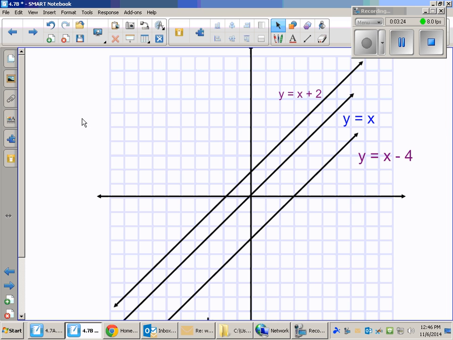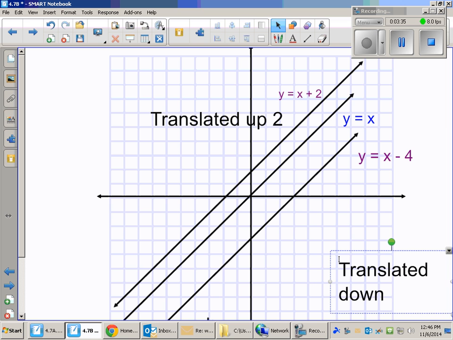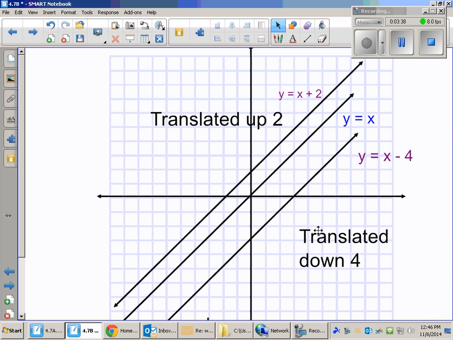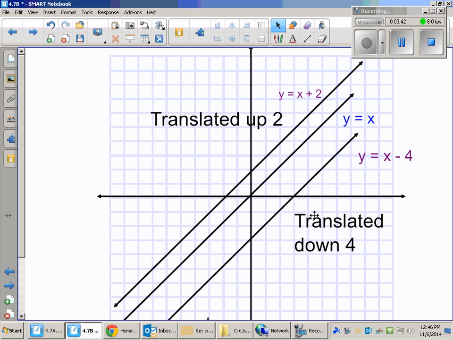We're going to use translate. So the top one would be translated up 2, and then this bottom one would be translated down 4. So those are the three main ways that a graph can be changed. It's translated, reflected, or vertically stretched or compressed.